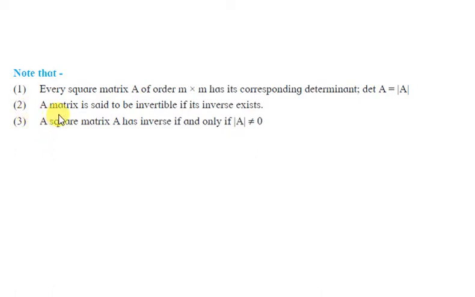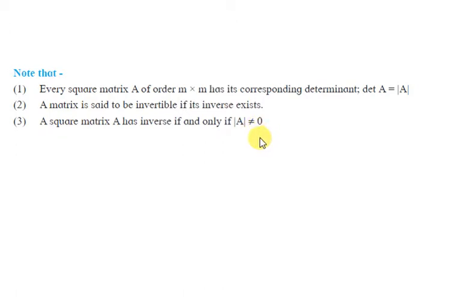The second note is that the matrix is said to be invertible if its inverse exists. And for the existence of the inverse, we have to check the determinant value. If the determinant value of matrix A is non-zero, that is not equal to 0, then only the inverse is possible. So the square matrix A has an inverse if and only if determinant of A is not equal to 0.